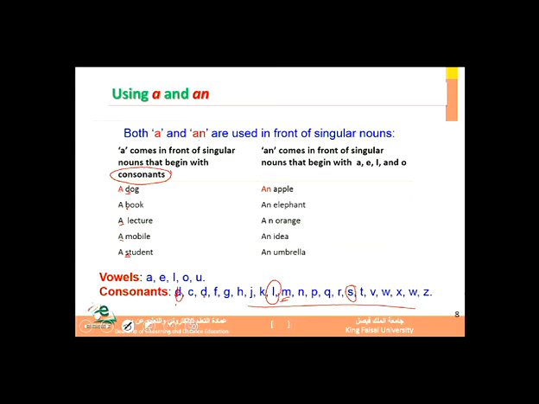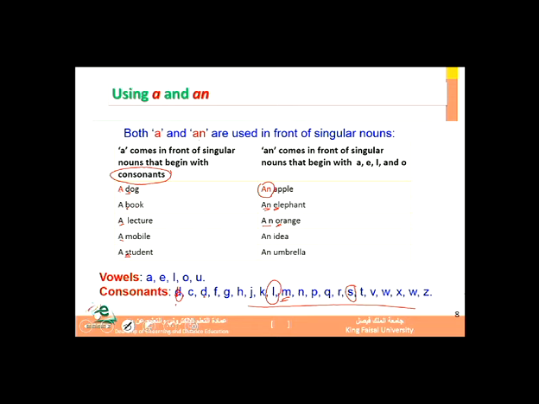Those are examples showing that here the noun starts with a vowel rather than a consonant. An apple. This is one of the vowels, so we use an rather than a. An elephant. Again, this is a vowel sound, so we use an rather than a. An orange. The word orange starts with an O, so we use the indefinite article an rather than a.